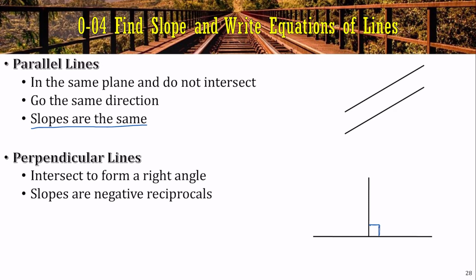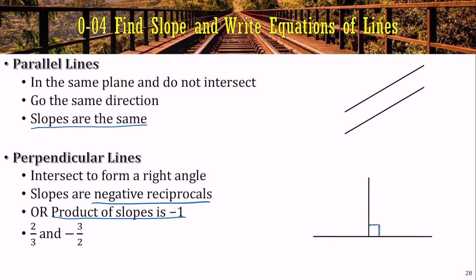The slopes are negative reciprocals, or the product of the slopes is -1, such as 2/3 and -3/2. They're reciprocals because the top and bottom flipped and they change signs. That makes them negative reciprocals. Or if you multiply them together, you get -1.